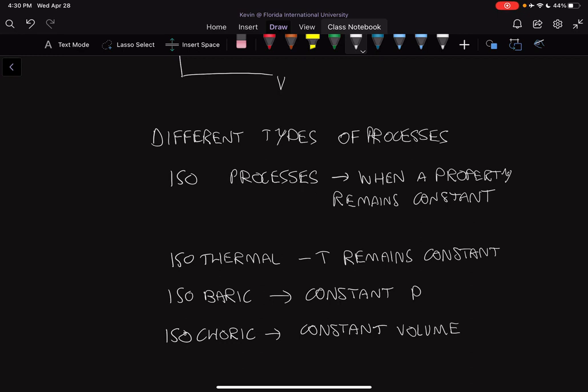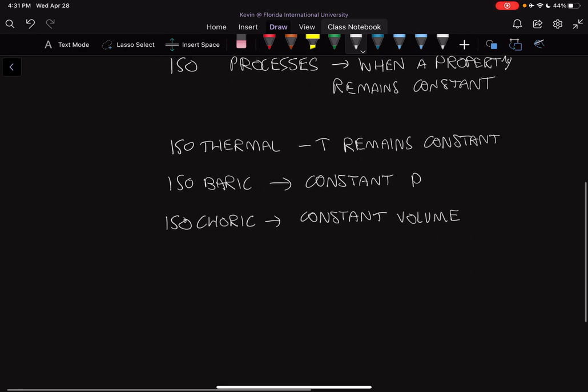So there are going to be different types of processes we're looking at, defined as either processes that change everything, so they can change volume, pressure, and temperature, or processes that have a property that remains constant, and that's the definition of an iso process, when one property remains constant. Okay, and those are 3 examples.